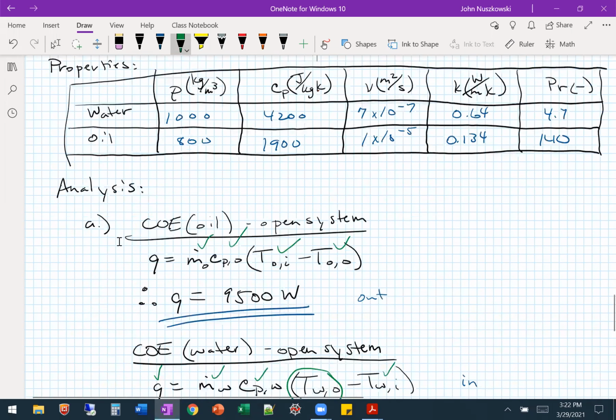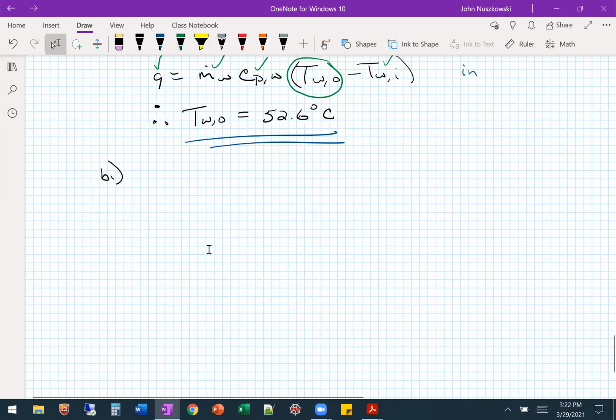We went over two methods in chapter 11. We'll do the log mean temperature difference as our first choice, or just the first one we're going to do.